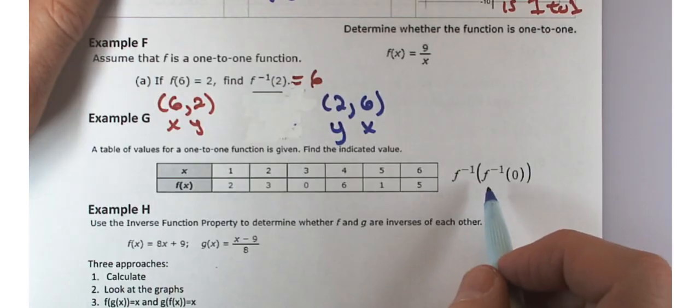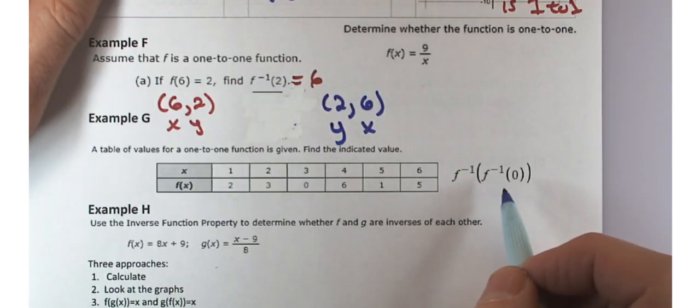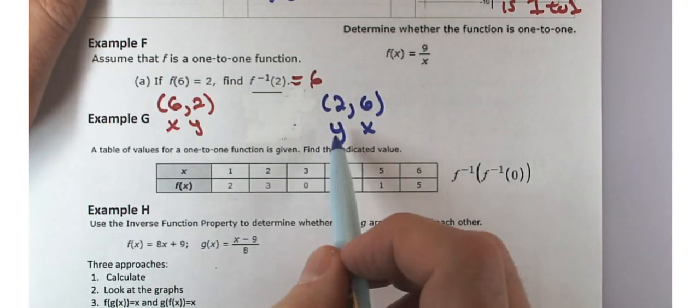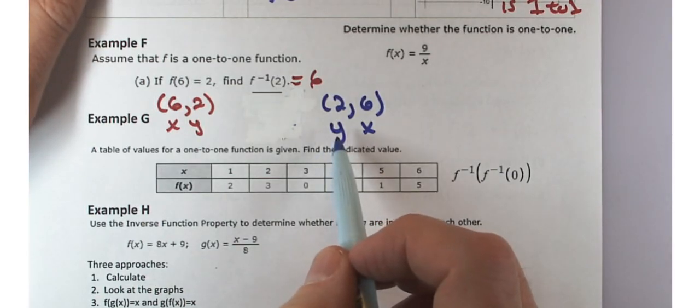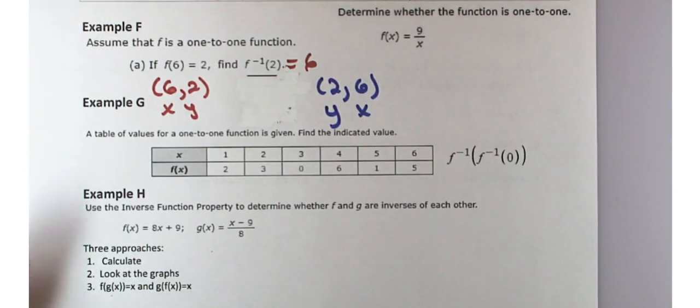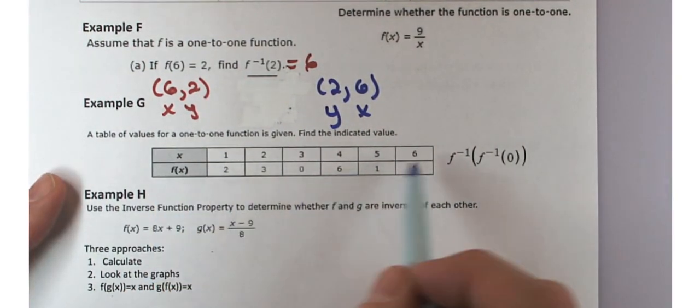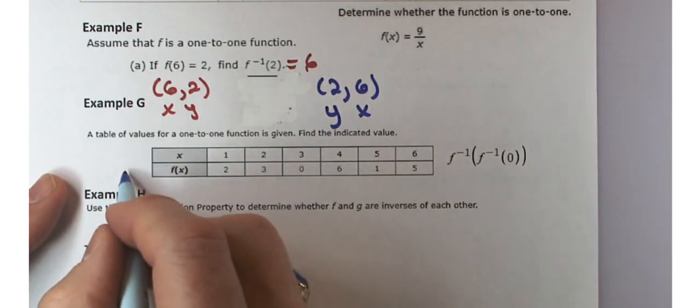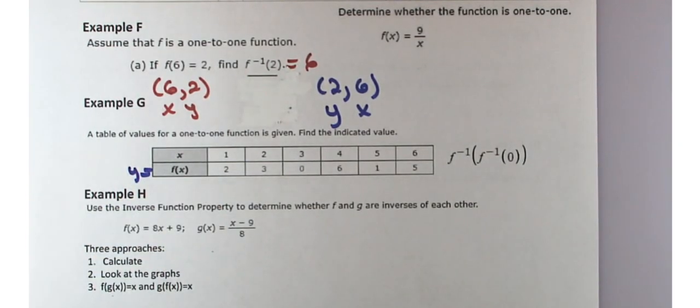So let's look at f inverse of 0. Now with the inverse function, you're inputting the y from the function, and you're outputting the x. So I'm going to start with the y value. Remember, that f of x is really taking the place of y.